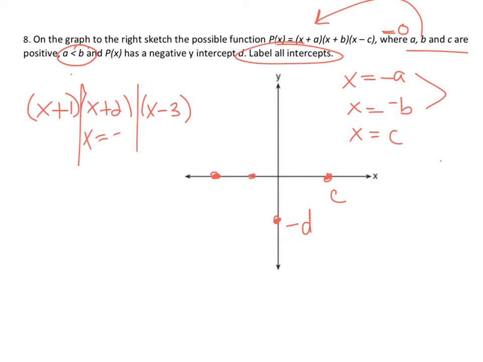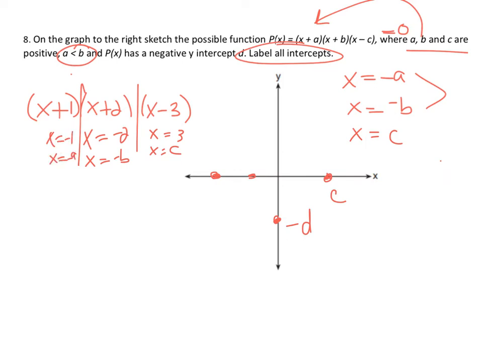I get x equals -2, which means the negative b. x equals 3, which was the c. And x equals -1, which was negative a.